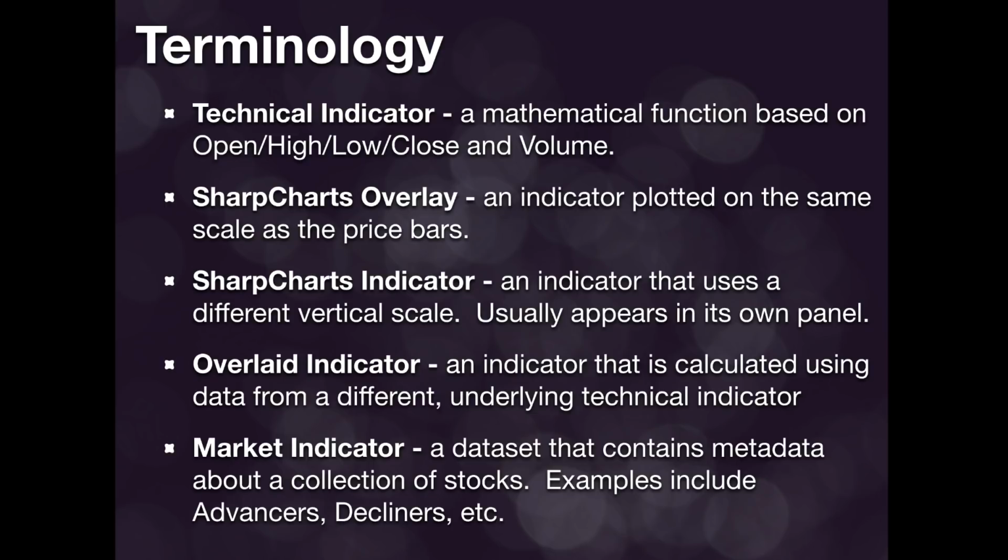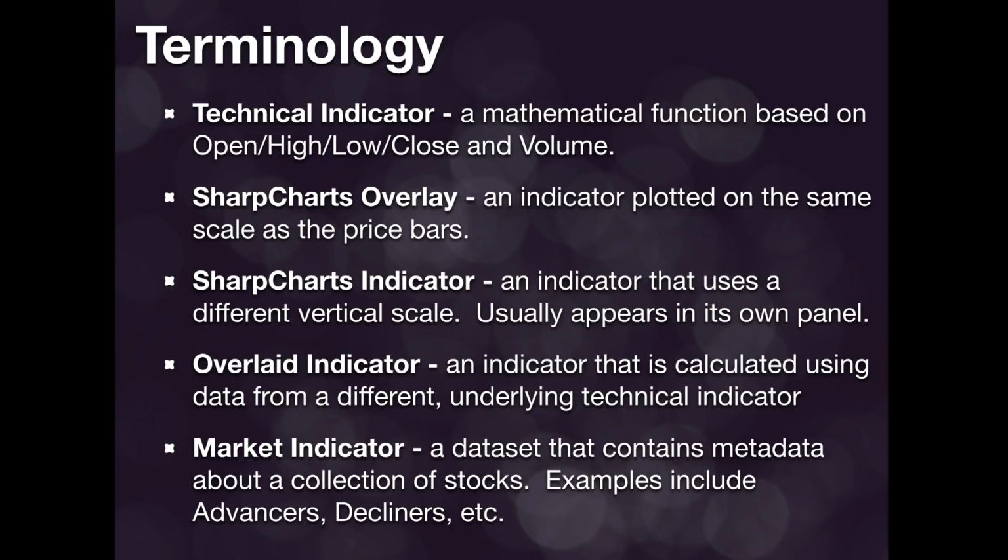And so that's what a technical indicator is in general: a mathematical function based on just those five bits of data: open, high, low, close, and volume. And of course, many of them are based on just close, and that's it. So examples include moving averages, MACDs, RSIs, and so on and so forth.